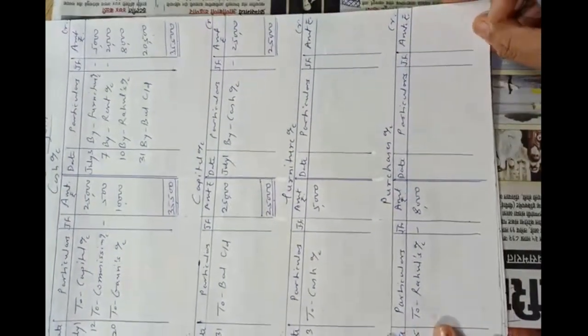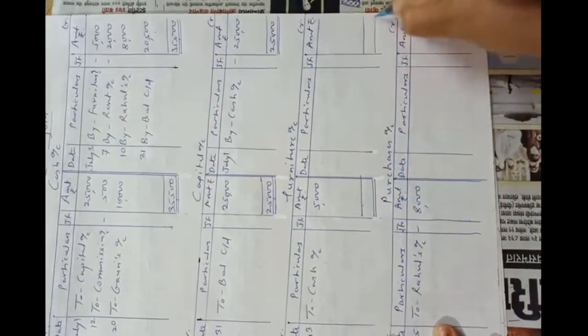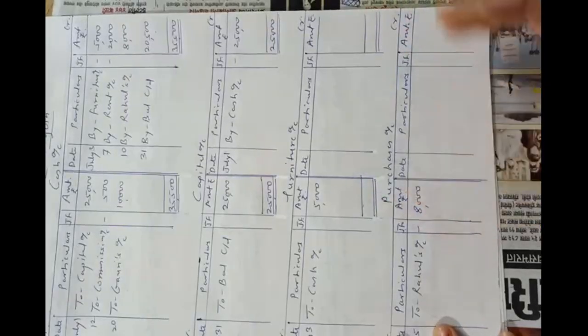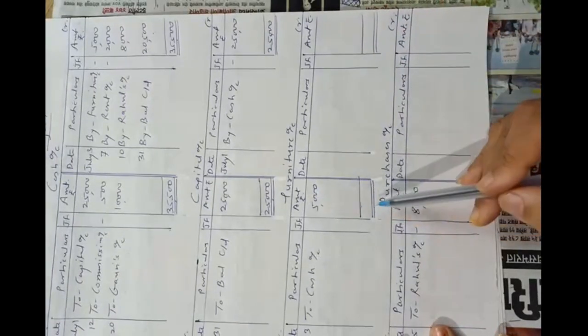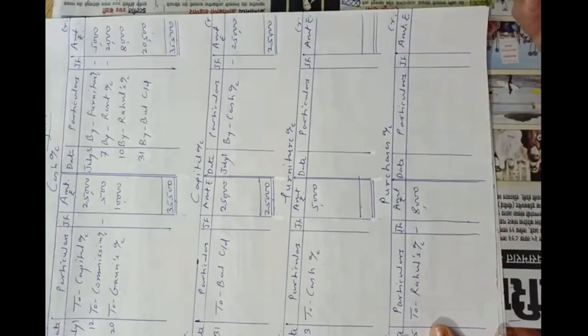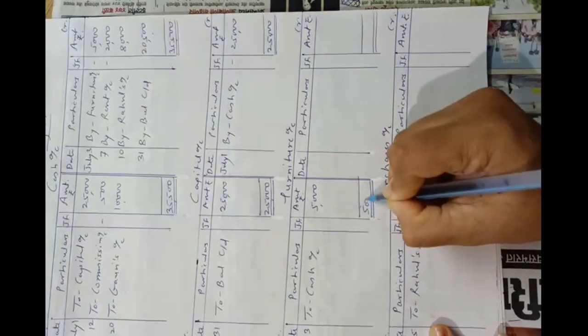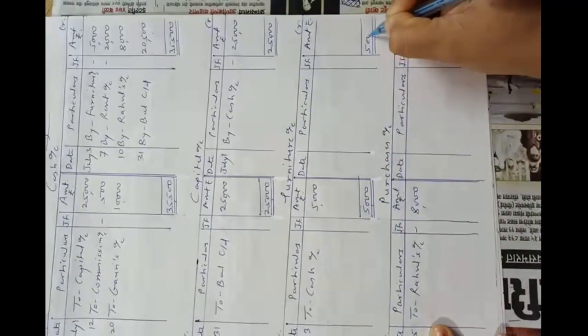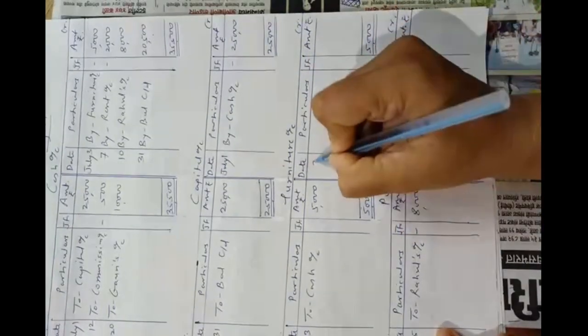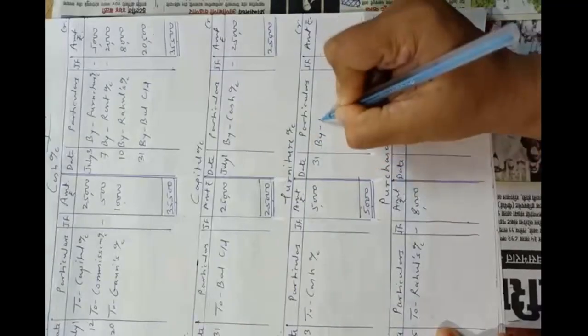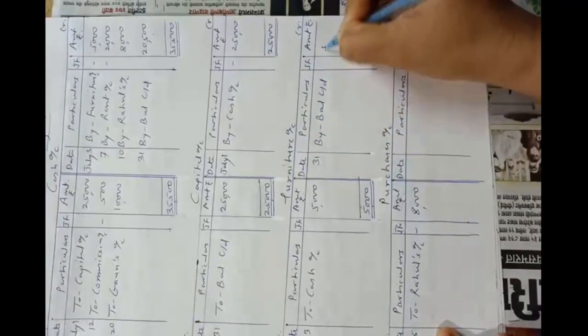Next, furniture account. In furniture account, debit total is 5,000, credit total is 0. So the big total is 5,000. We will tally the account for rupees 5,000. So we have to write on 31st July By Balance Carried Down 5,000 here.